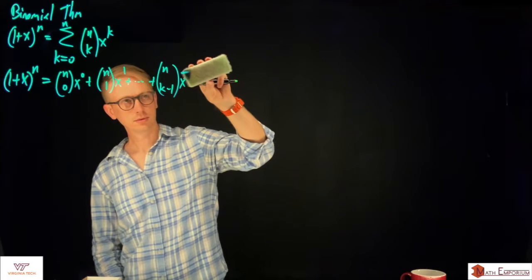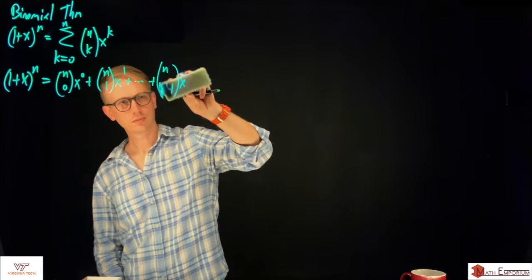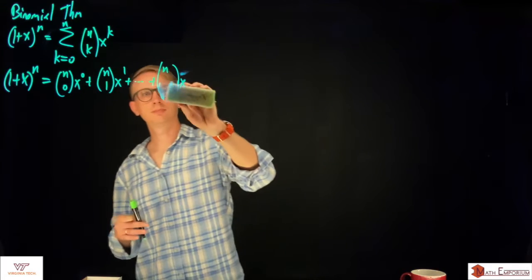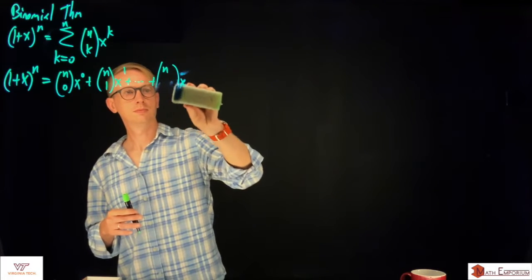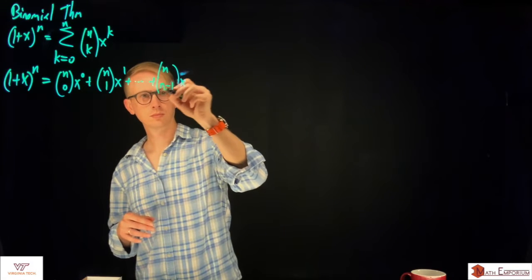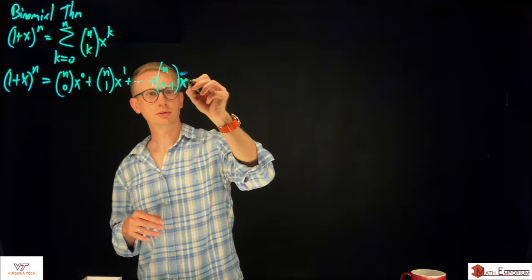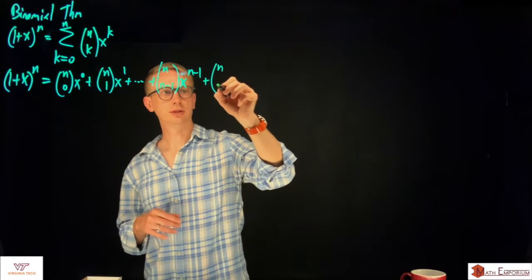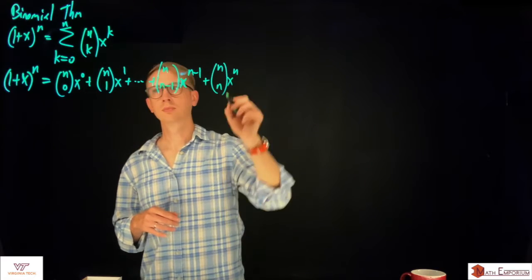I always do this, it's not k minus 1, it's n choose 1. I'll use enough eraser here to get this cleaned up. There we go. So n choose n minus 1, x to the n minus 1, and then the last term is n choose n, x to the n.